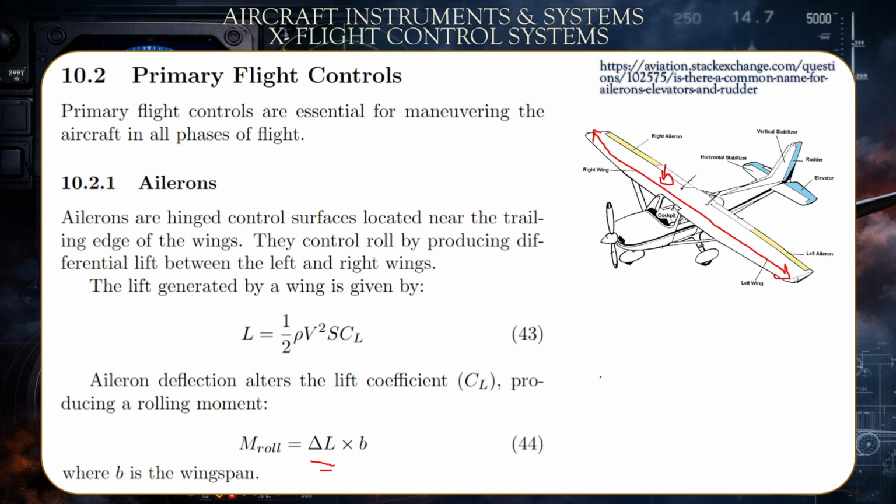Now, delta L. Imagine the aircraft flying in level flight, meaning it is horizontal, flying parallel to the horizon with no roll, no banking. When we talk about level flight, we mean it's not ascending or descending; it's flying at 0 degrees angle.